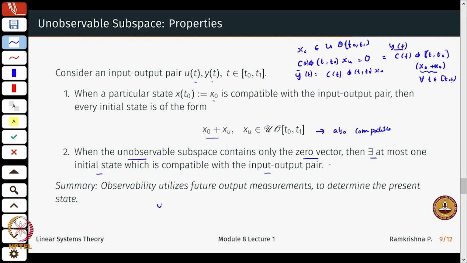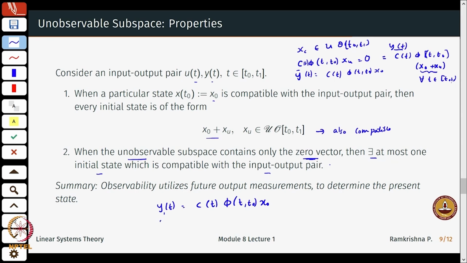Let's say y of t, let me call this y1, is C of t phi of t comma t0 times x naught. Now, the unobservable subspace contains only the 0 vector, so there exists at most one initial state compatible with the input output pair.